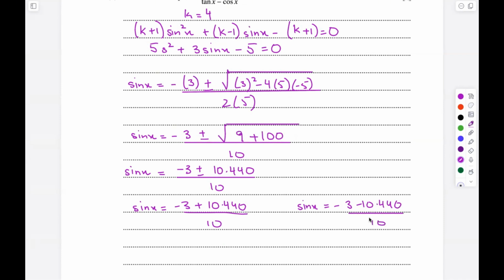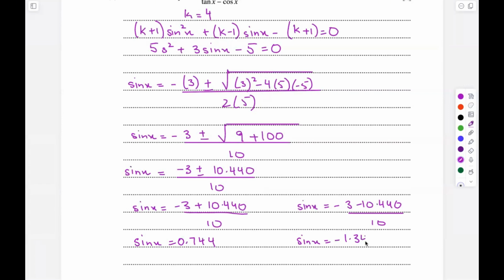So (−3 + 10.440)/10 is equal to 0.744. So sin x is equal to 0.744. And in this case, it will be −3 − 10.440, dividing it by 10, we'll get −1.34.